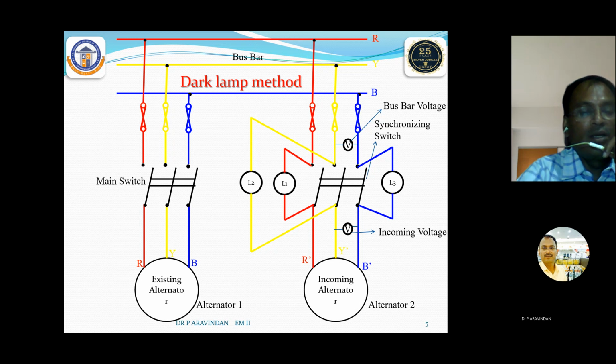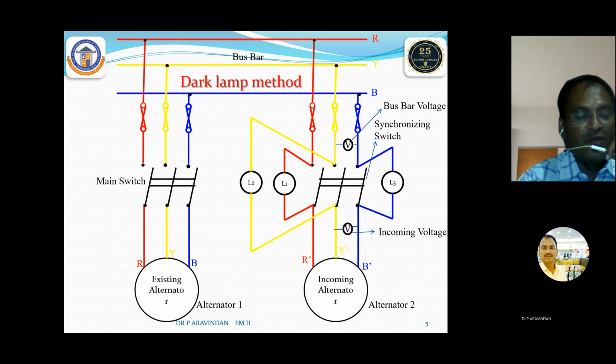At that particular moment, the speed of the incoming alternator is adjusted in such a way that the light beats are produced at a very low speed, and the alternator is synchronized during the middle of the dark period, where the resultant voltage ER should be zero. The word middle is used because the lamp will not glow even though there is a sufficient voltage across it.